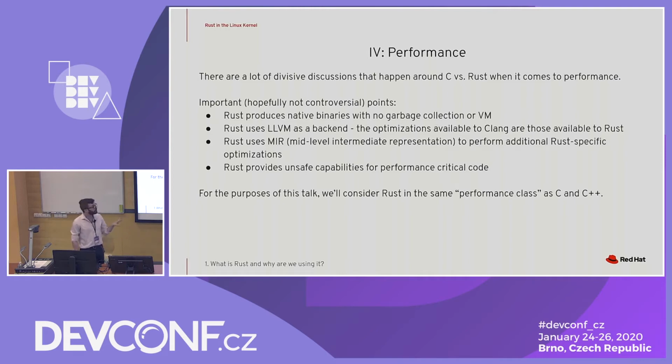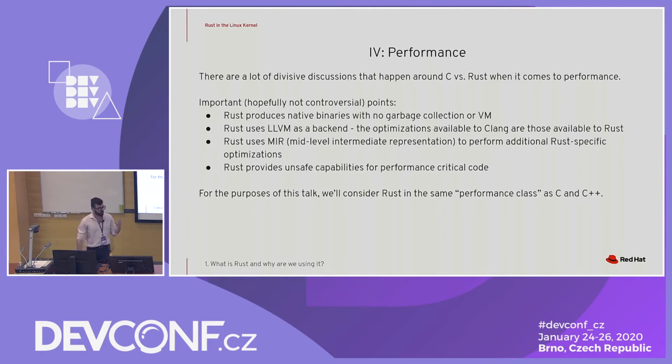Rust uses LLVM as a backend, so anything that Clang has in terms of optimizations is also available to Rust. Rust is also going to use an intermediate representation, and this allows us to do Rust-specific optimizations before we compile it down to LLVM.